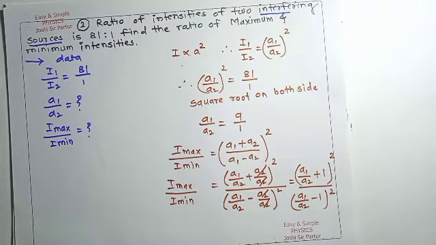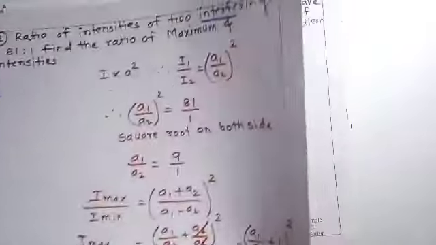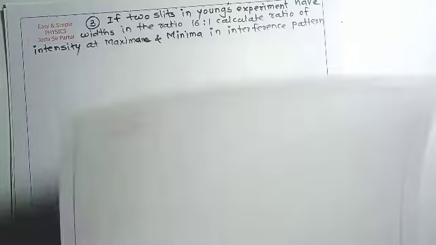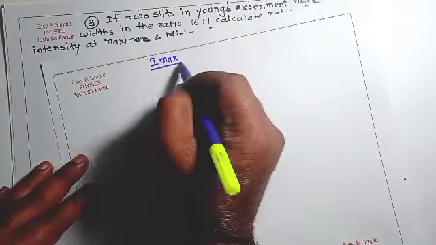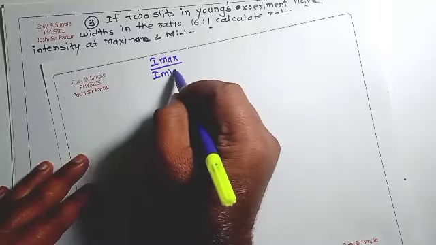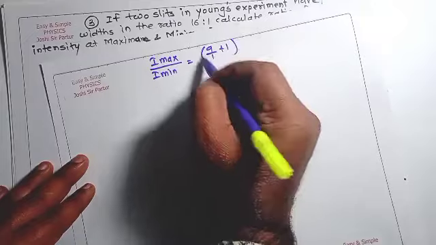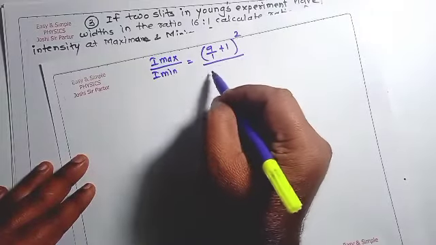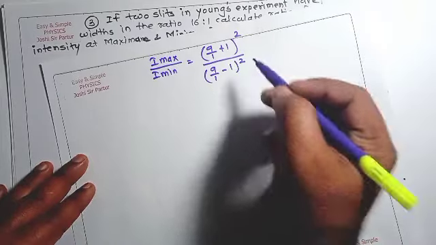If we substitute the value of A1 upon A2, that is 9 upon 1, the ratio of intensity maximum upon intensity minimum is equal to (9 upon 1 plus 1) squared upon (9 upon 1 minus 1) squared.